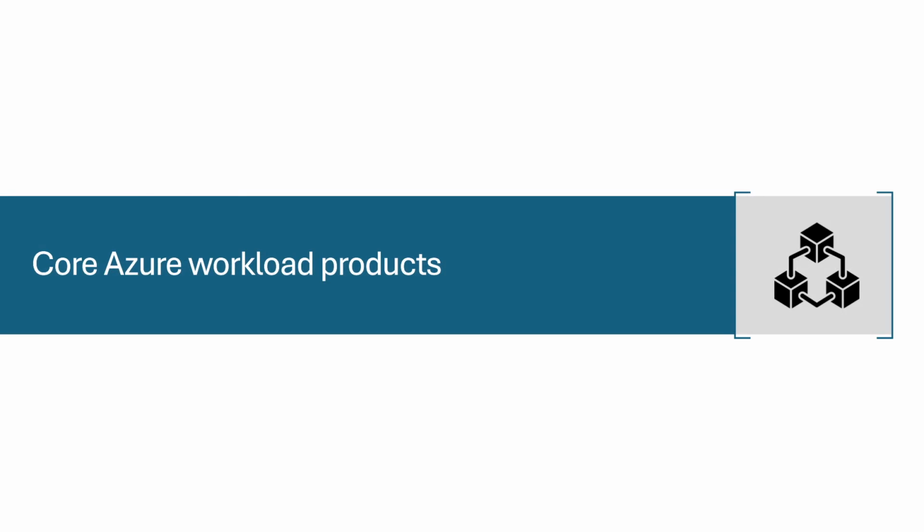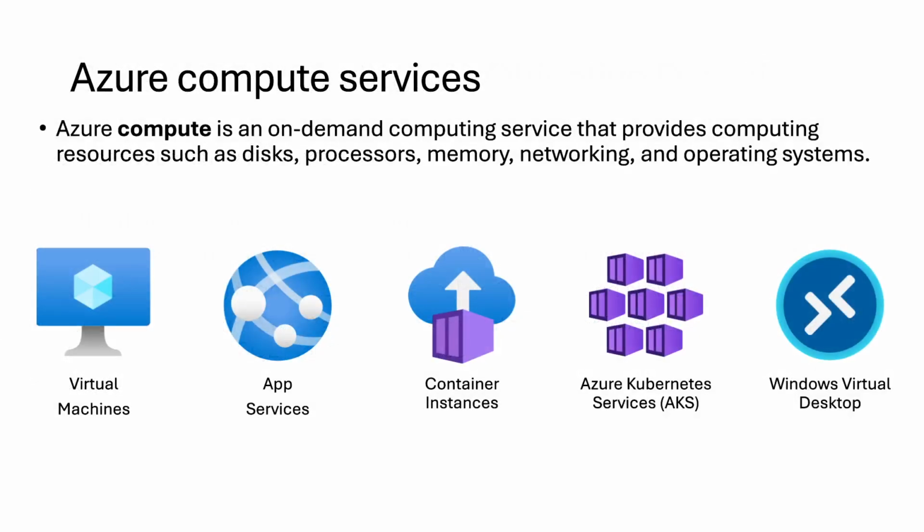And we discuss core Azure workloads. So we have Azure Compute Services. Azure Compute is an on-demand computing service that provides computing resources such as disks, processors, memory, networking, and operating systems.